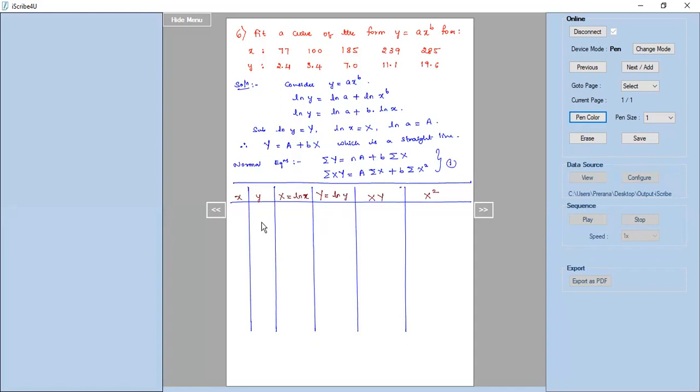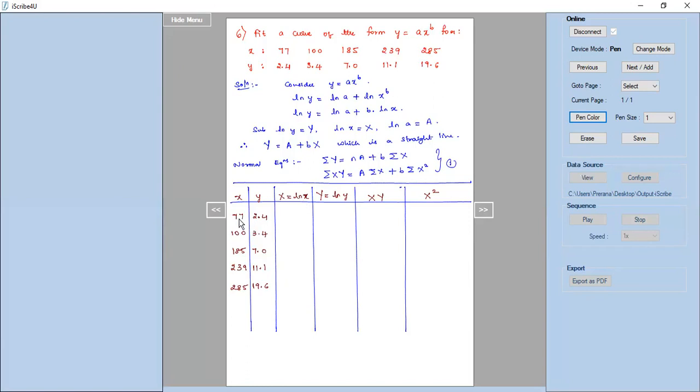Small x, small y values are given for us. Let us fill that by the question. 77, 100, 185, 239, 285. Small y values are 2.4, 3.4, 7.0, 11.1, 19.6. Now we will find out capital X, which is ln x, natural logarithm of small x values.